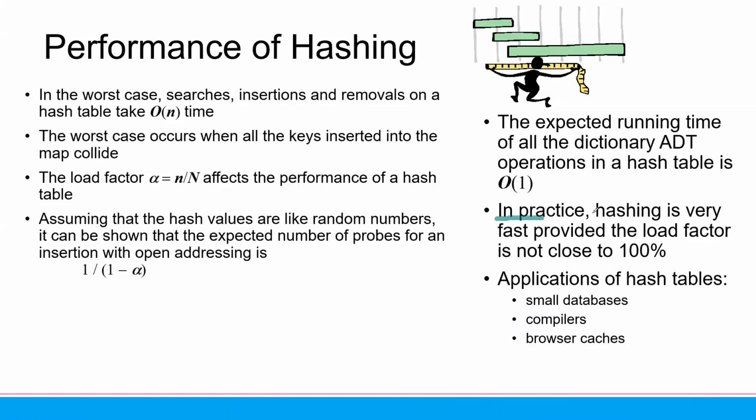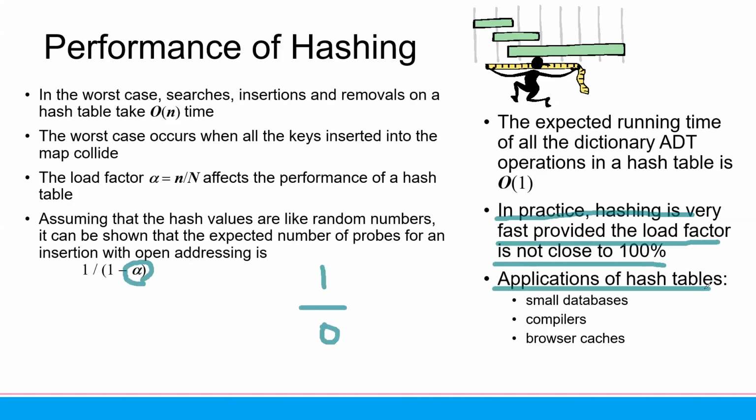In practice, hashing is very fast, provided the load factor is not close to 100%. If it is close to 1, then 1 minus 1 is 0, and of course 1 divided by 0 is not possible.